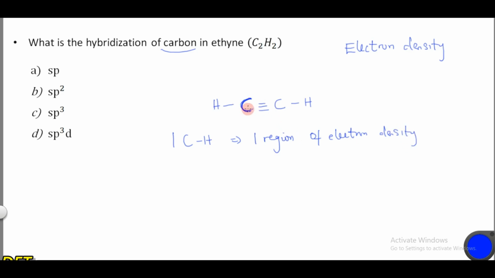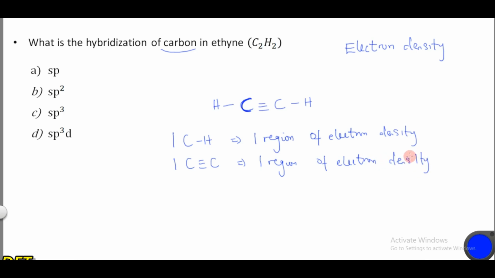Then, if you look at this carbon again, there is one carbon to carbon triple bond. And that is equivalent to one region of electron density.